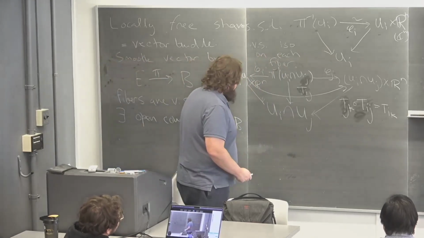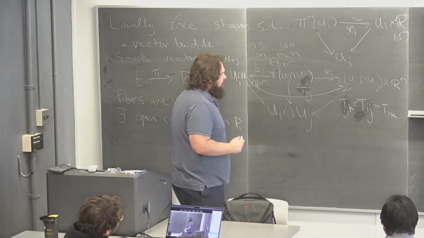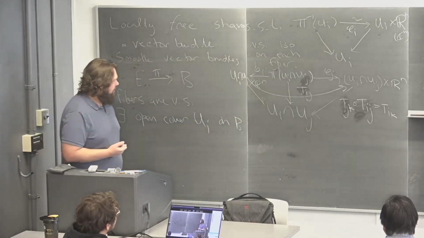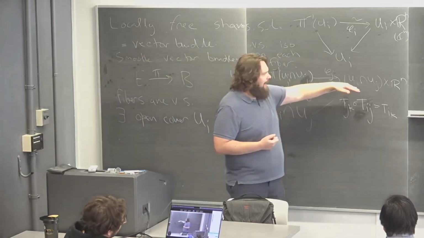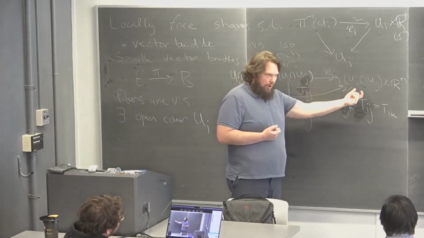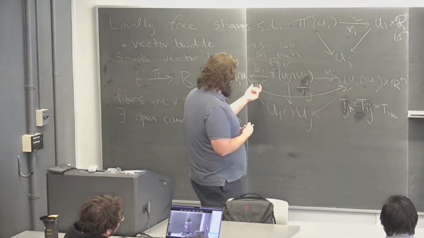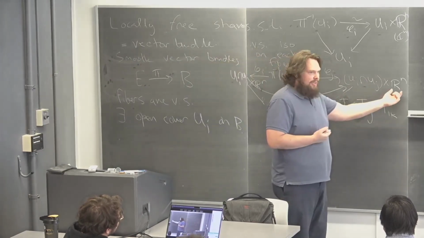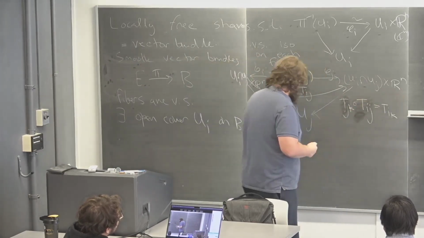We often think about these bundles in terms of transition functions. What kind of map is this? Well, it's the identity on the first component, and on the second component, restricted to each fiber, it's a linear isomorphism.